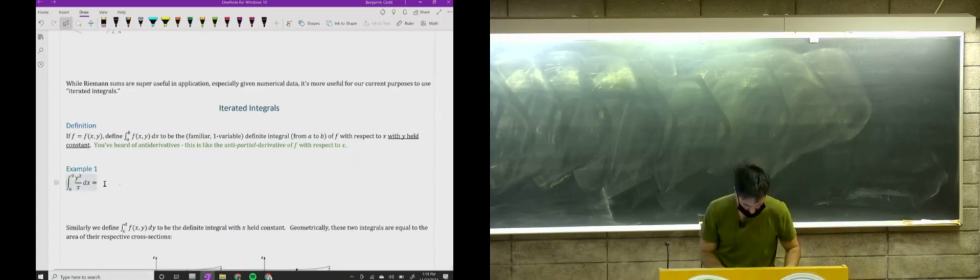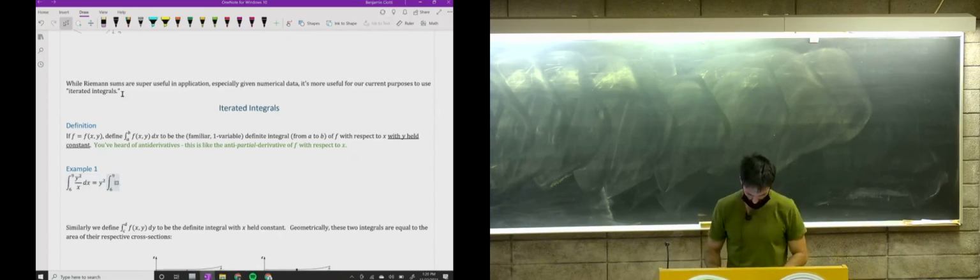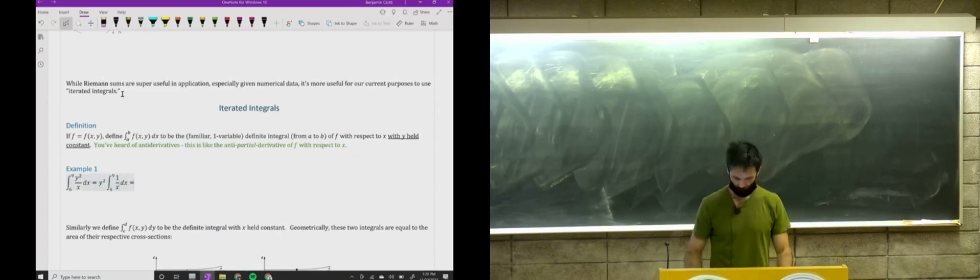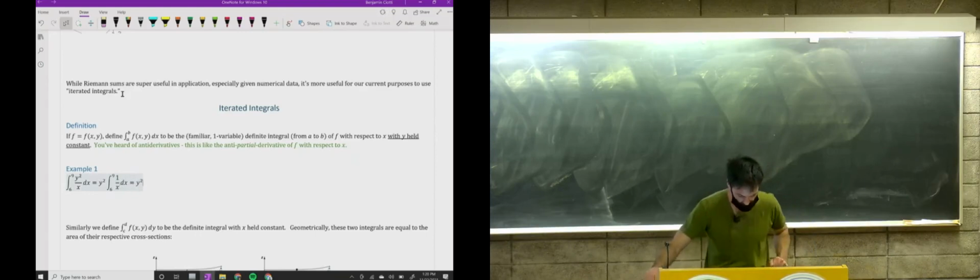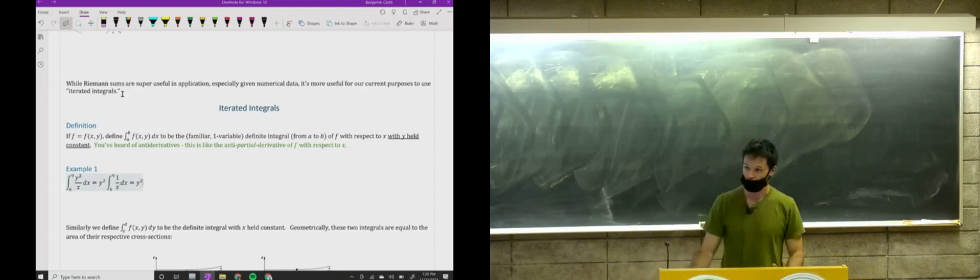So this will equal y squared times the integral from 6 to 9 of 1 over x. And if you remember from all the way back in the Math 10b class of yesteryear, the integral of 1 over x is ln of x.